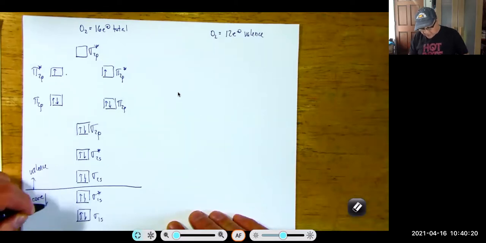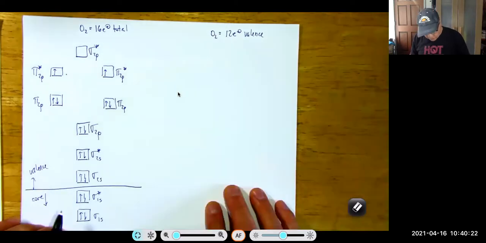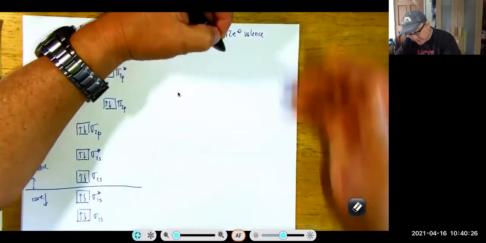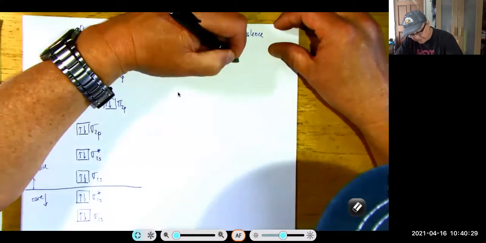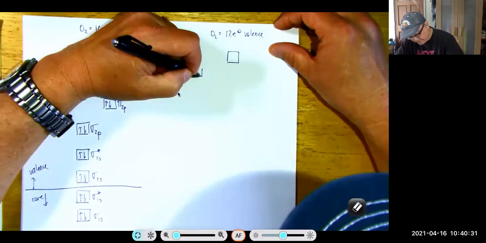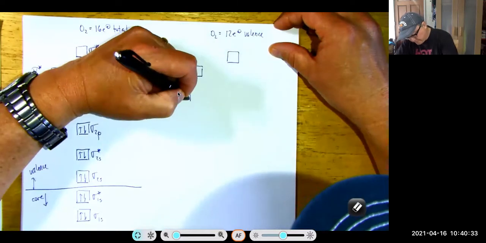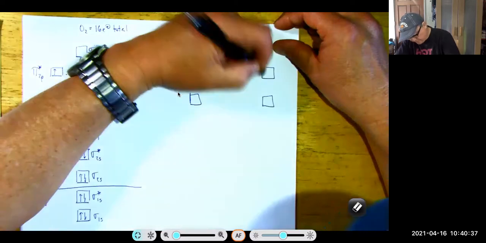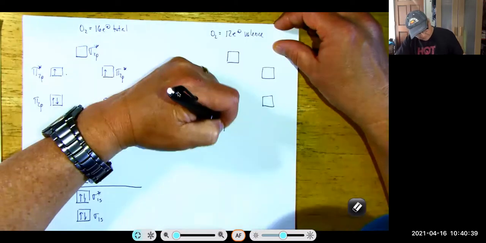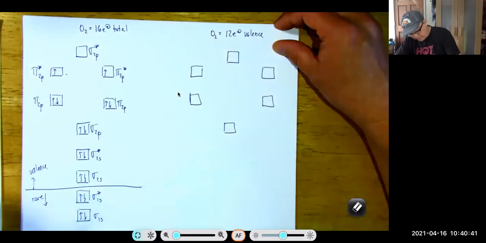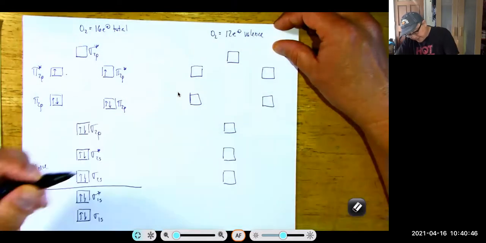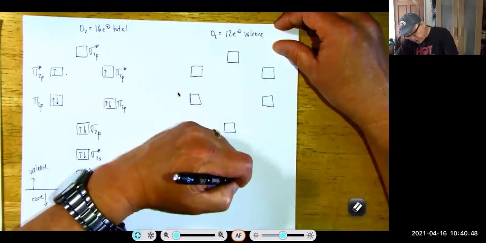So if you ever have to draw an MO diagram where you're only drawing the valence, you only draw the top part of this. And it's sigma 2s, sigma star 2s.